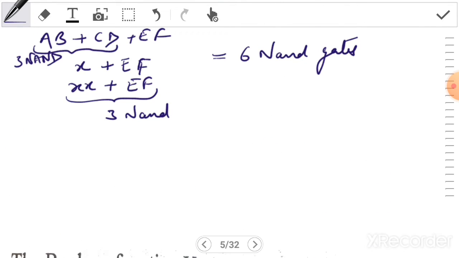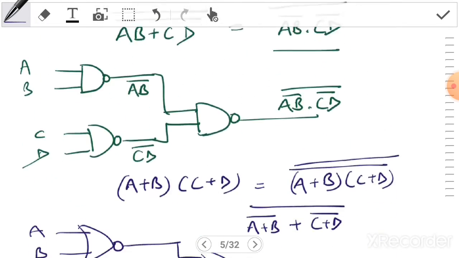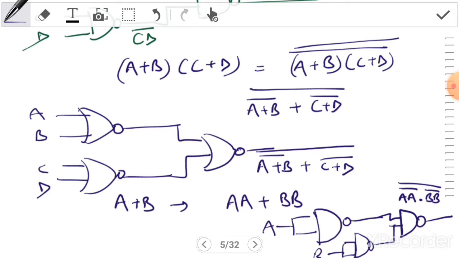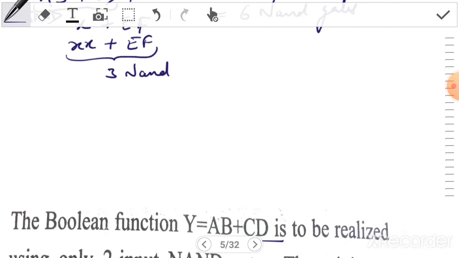Similarly, you can show the number of NAND gates and NOR gates required for 2 inputs, 3 inputs, 4 inputs, 6 inputs. So you must remember this table.